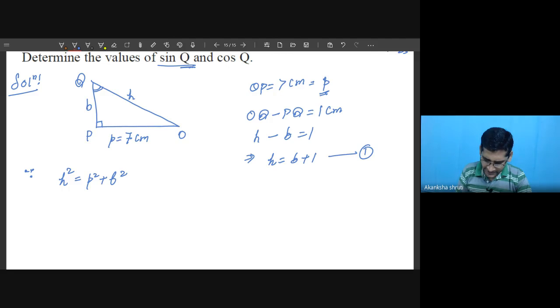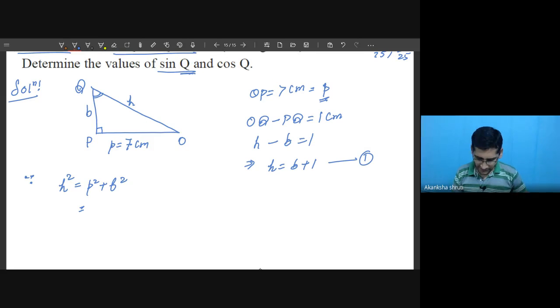as p itself, but a small p, because capital P is the angle. So this is equal to, now what are our B and p? The p is given as 7 square. You may substitute the B here, or you may substitute the H here. Anything you can substitute. If you are interested to calculate the H itself, that you can also get.